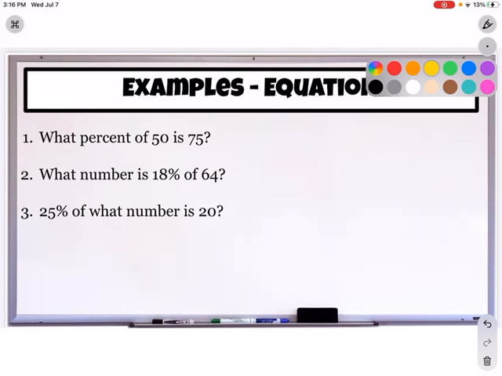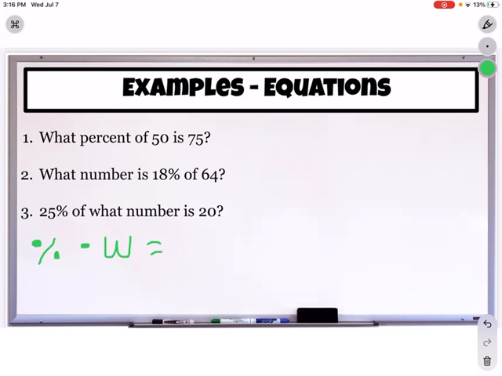Let's take a look at our last and final example for today. Do it in green. Percent times the whole equals the part. I'm going to change my percent sign to a variable x. 25% of what number is 20?